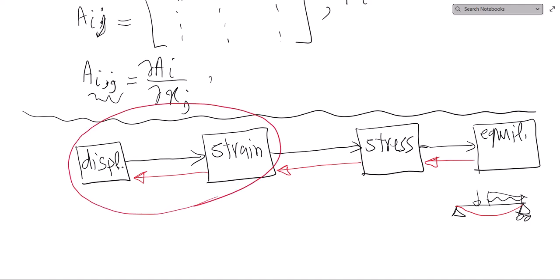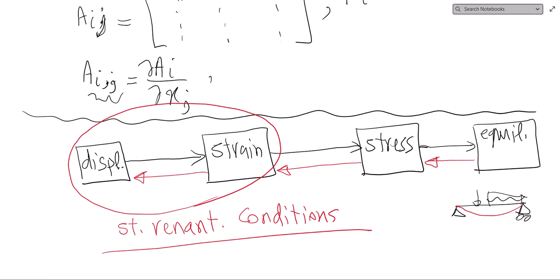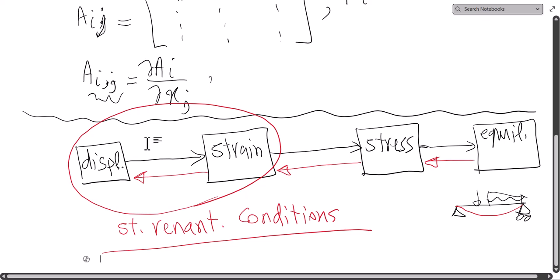When we go from stress to strain, not all strain fields can give you a compatible displacement field. And that is where St. Venant comes in. St. Venant is a condition that guarantees that if from our strain field we get to the displacement field, we have a compatible displacement field.